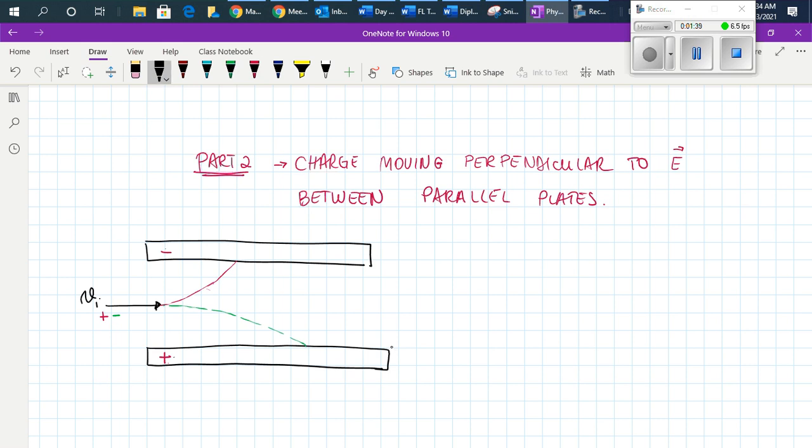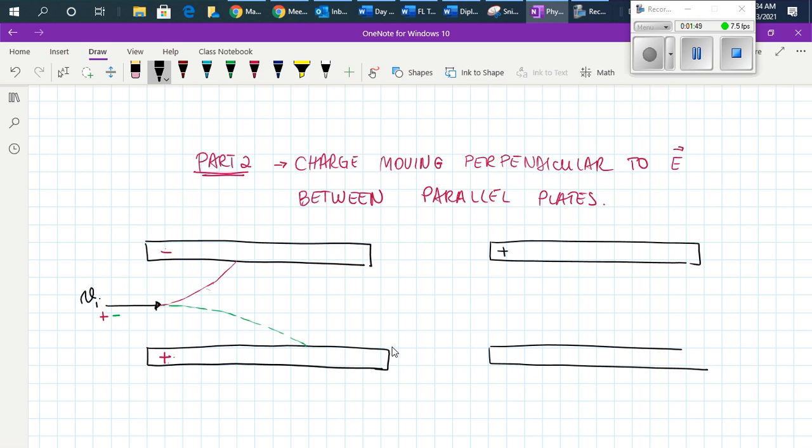And if we have a different configuration of the plates, so now the positive plate is on the top and the negative plate is on the bottom, and again a particle is entering here with a certain velocity, a positive charge will go toward the negative plate, and a negative charge will go toward the positive plate.